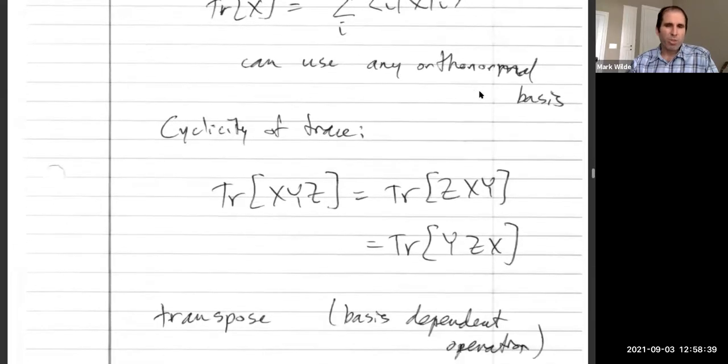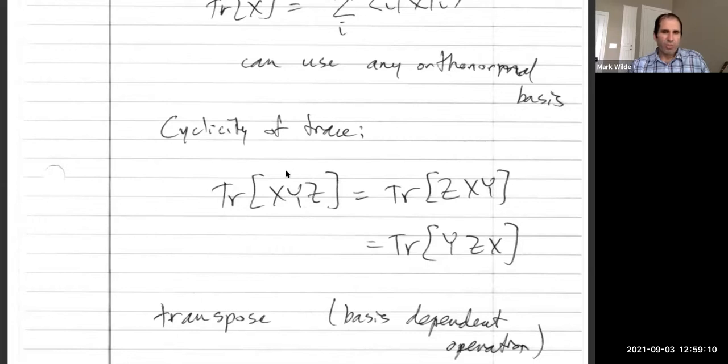A commonly used property of the trace is cyclicity of the trace. So I think this is best illustrated with 3 operators. And what it says is that the value of the trace does not change under cyclic shifts of the operators for which you're taking the trace of the product of these 3, right?